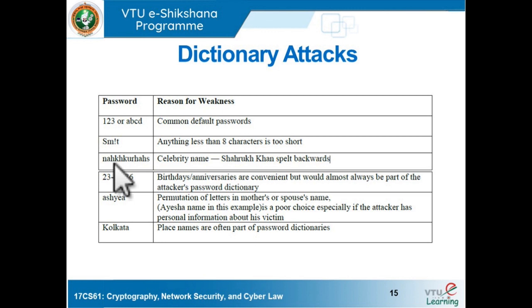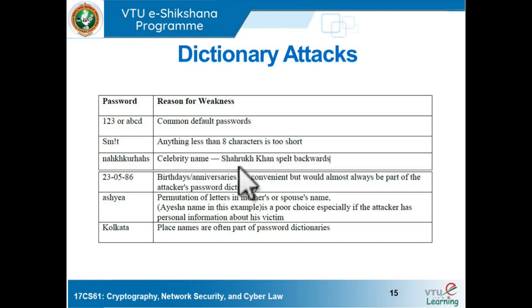Now this is a set of random letters which are a shuffling of the name of the celebrity Shah Rukh Khan, spelt backwards. If you see these characters reversed, you get the name Shah Rukh Khan. Again there is a lot of weakness involved in such a password because an attacker will obviously have various tools which will help him retrieve these jumbles.